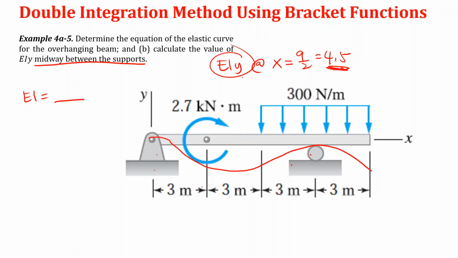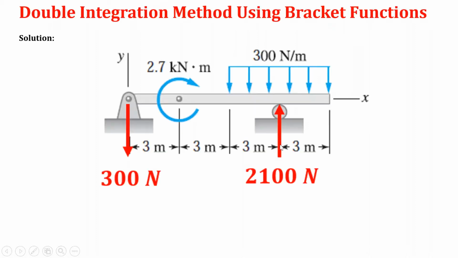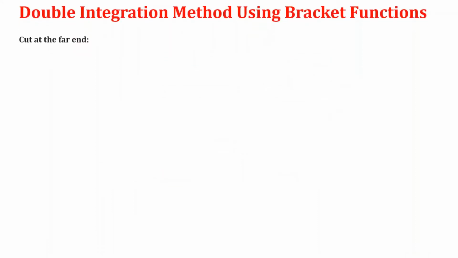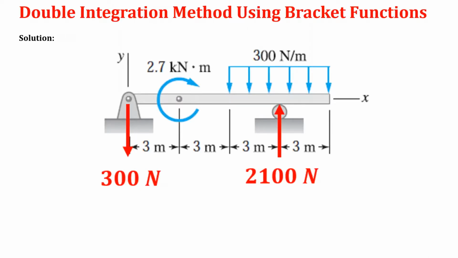Okay? So, first always is to compute for the reaction. I know you are already familiar with the reaction. So, mo nang reaction diri kay pababa na 300, diri pasaka na 2,100. Okay. Next step, after the reaction, i-cut na to sa free end, far end.